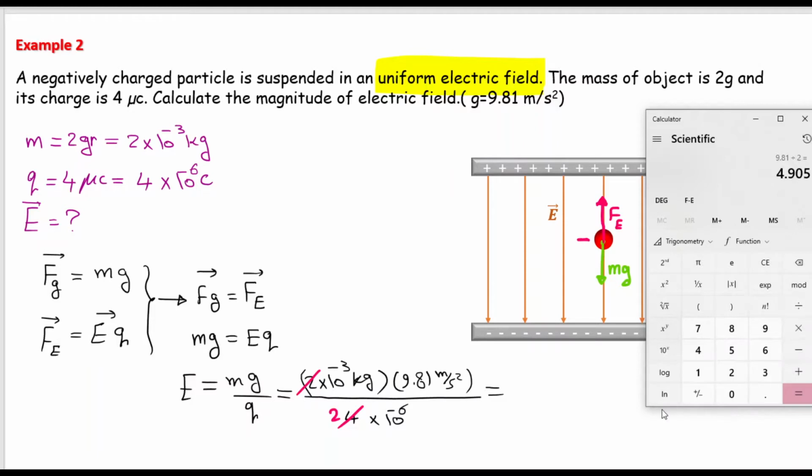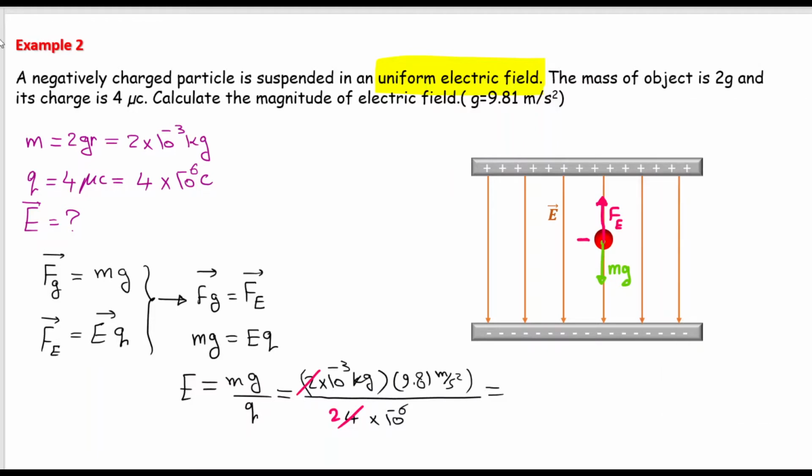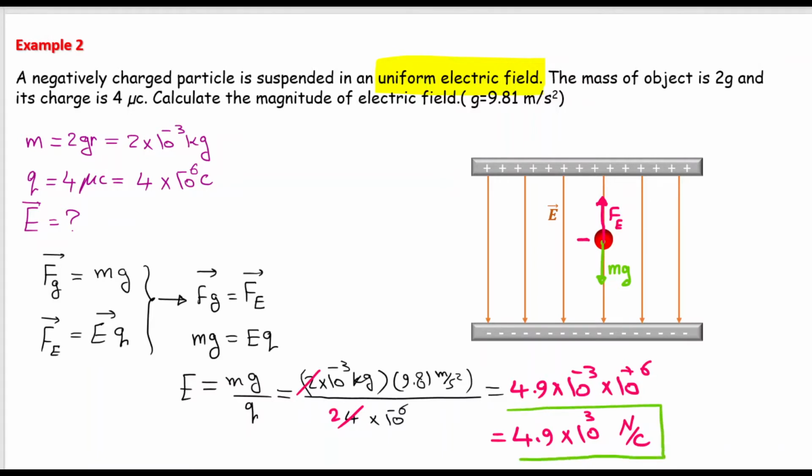This is 4.9, so it gives me 4.9 times 10 to the power negative 3. I can bring 10 to the power negative 6 to the numerator, to the top, and convert the negative to a positive exponent. And when the bases are the same, you just need to add these two exponents. 6 minus 3 is 10 to the power 3. And the unit is Newton per coulomb, the unit of electric field. This is the answer for this question.